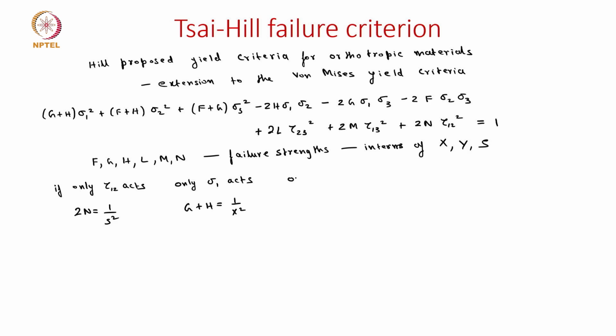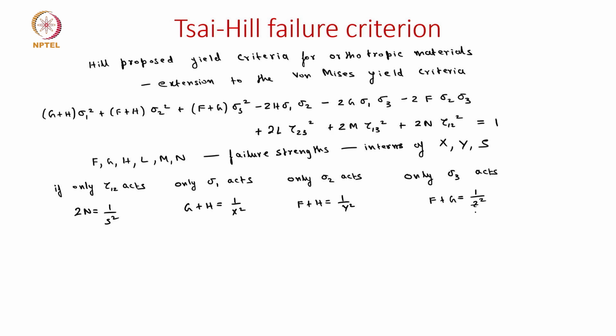Now, if only sigma 2 acts, then I should be able to write this as F plus H is equal to 1 by Y square. And again, if only sigma 3 acts, now I should be able to write this as F plus G equals 1 by Z square.